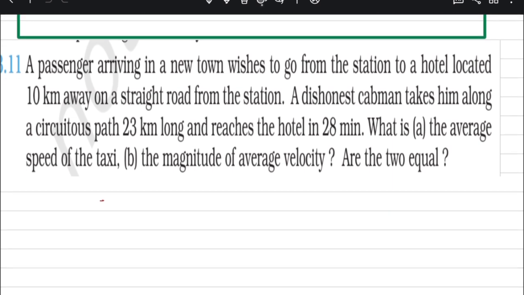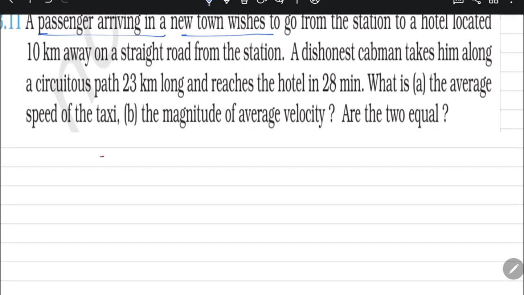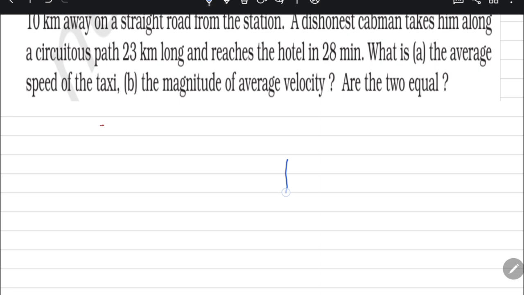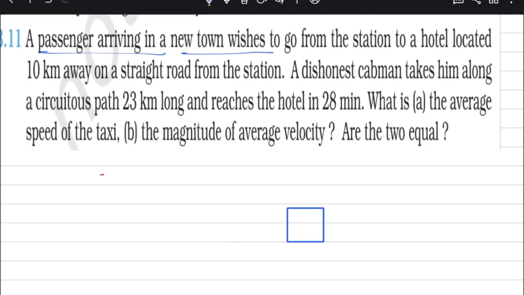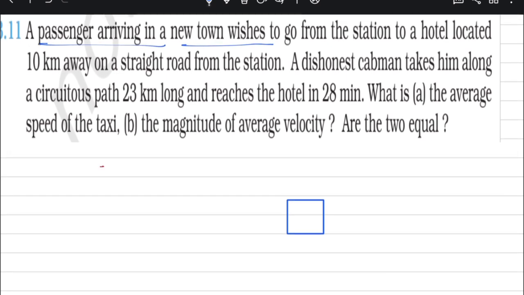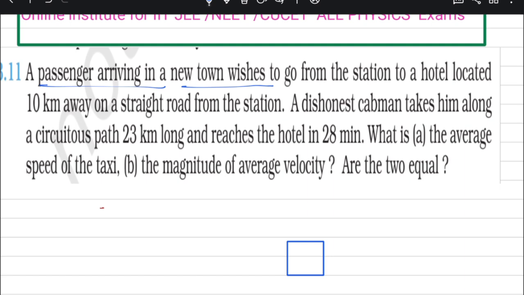Right. This is a good question. A passenger arriving in a new town wishes to go from the station to the hotel, located 10 kilometers away.